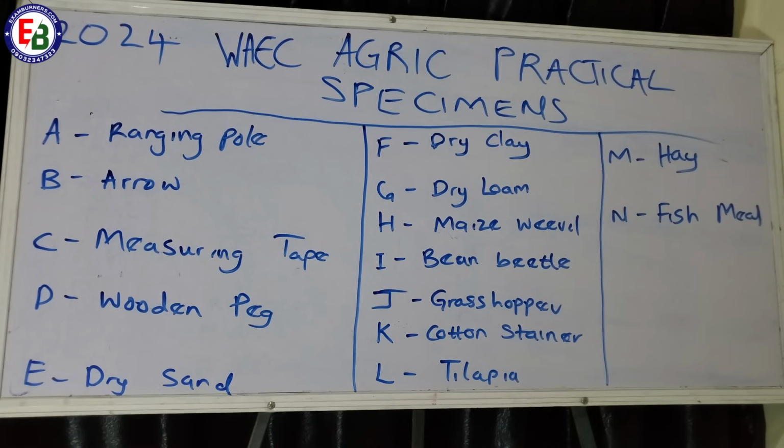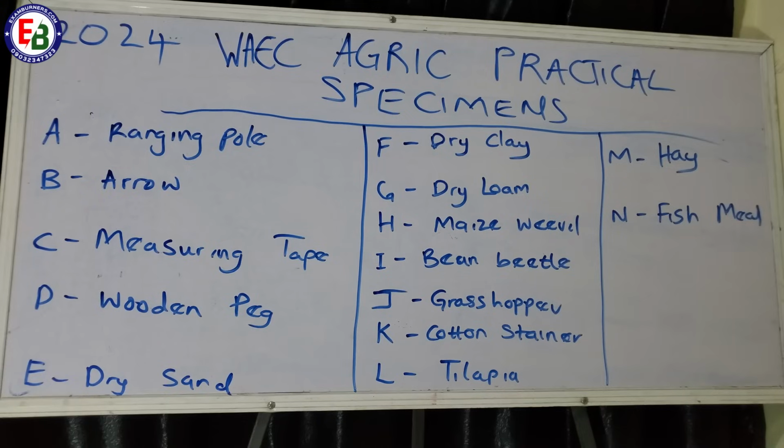Then let's focus on H and I only. Another economic importance of H and I is destruction of seed viability. When I talk about seed viability, we're talking about the potency of the seed, the way the seed will germinate. So if pests infest those grains, the viability of the seed will be reduced.